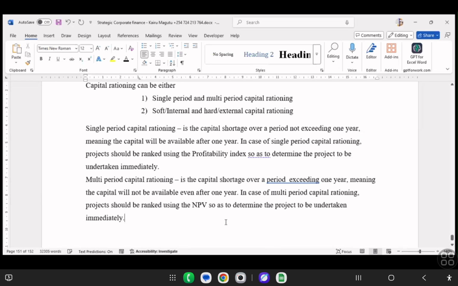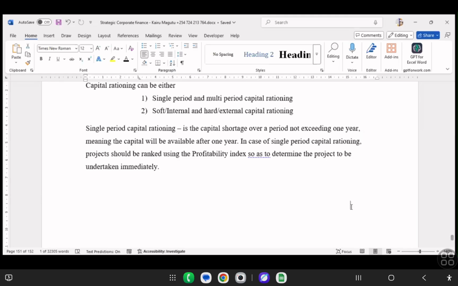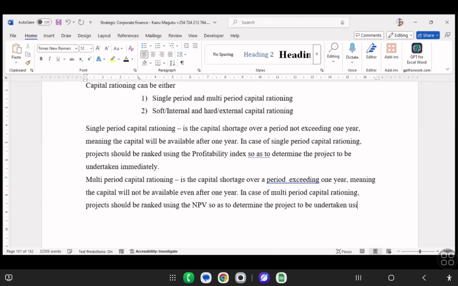The projects are ranked using the NPV so as to determine the projects to be undertaken using the available capital. That is the way to go about it.